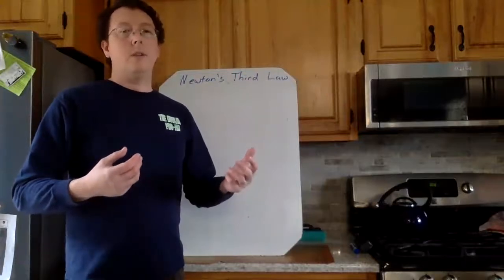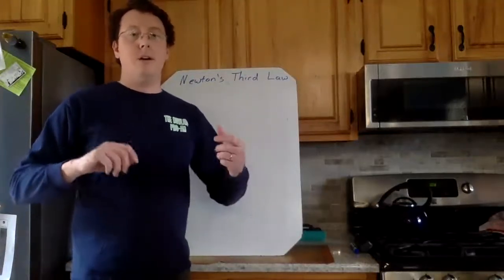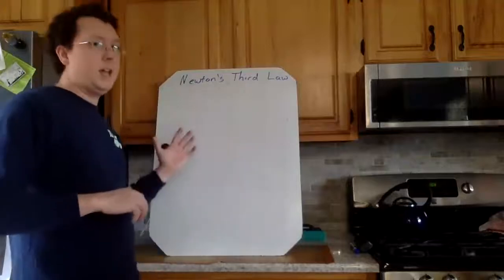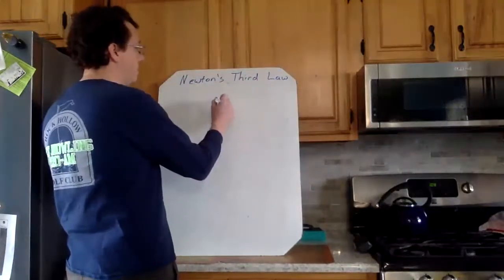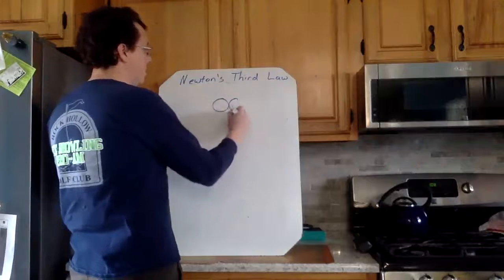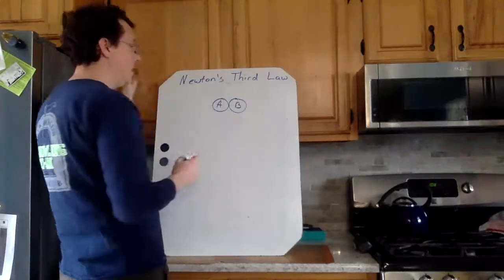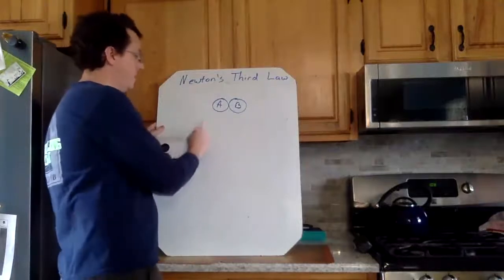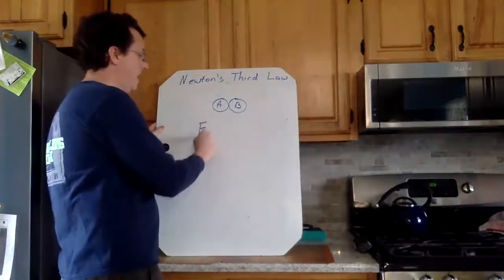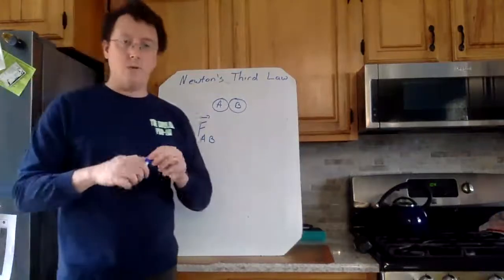So what Newton's third law really tells you is that for every force, say, of A acting on B, let's imagine we have two objects here. We will label them A and B. And so what Newton's third law says is that for every force of A acting on B, there is another force.